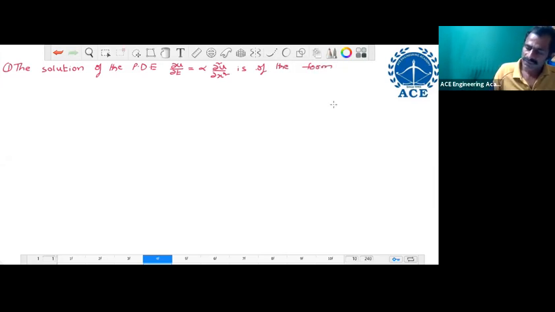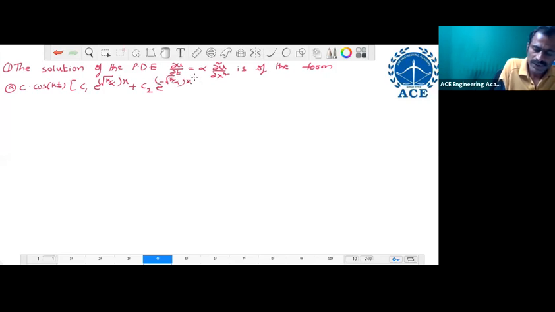Option A, C into cos of kt, and within the brackets, C1 into e power under root of k by alpha into x plus C2 into e power minus under root of k by alpha into x.